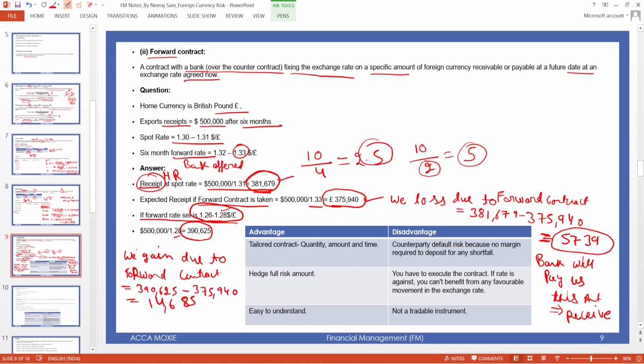But the forward contract is not a way of making profit or loss. So that's why we have to pay this amount to the bank.